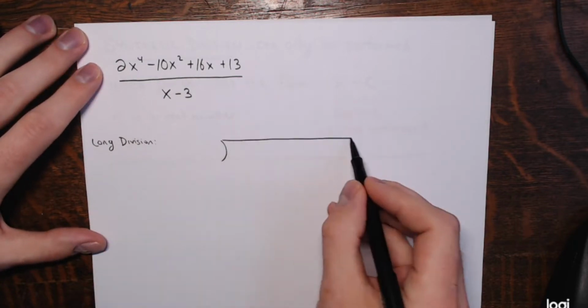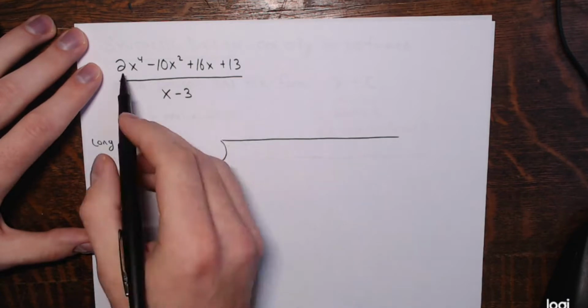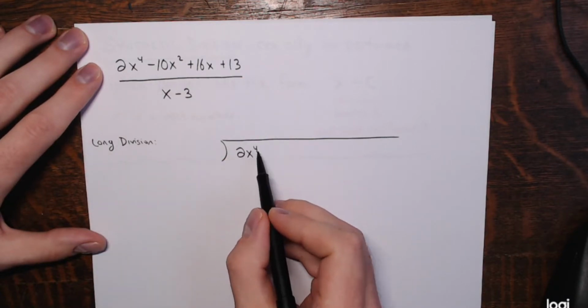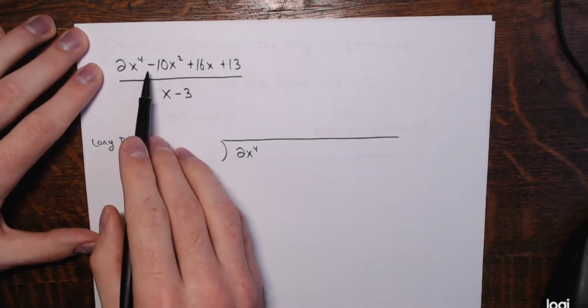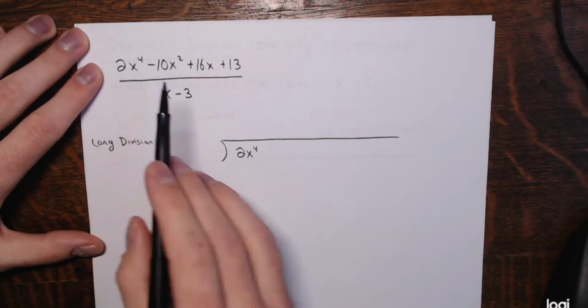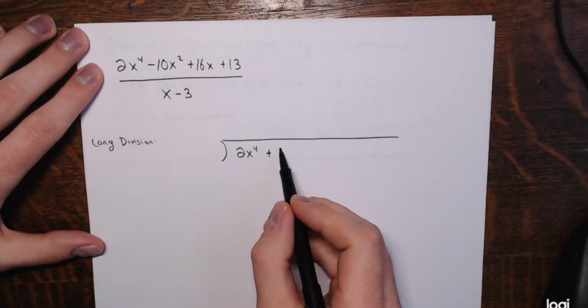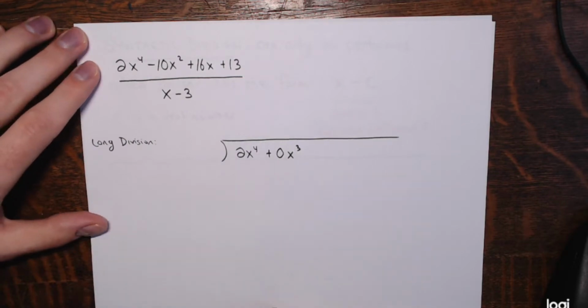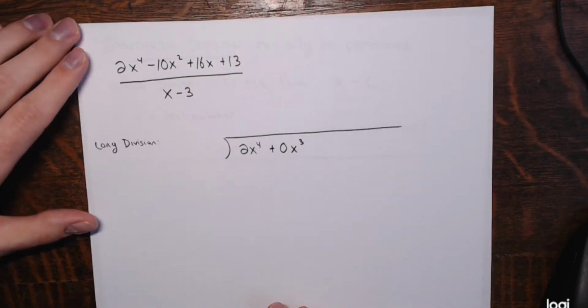So I write the long division symbol. Underneath it goes the dividend, the numerator: 2x to the 4th. Now notice there's no x cubed term. Here's something I like to do, and you don't have to do this, but just to make it easier to line up like terms, I'm going to put plus 0x cubed, so I don't miss any powers going down.